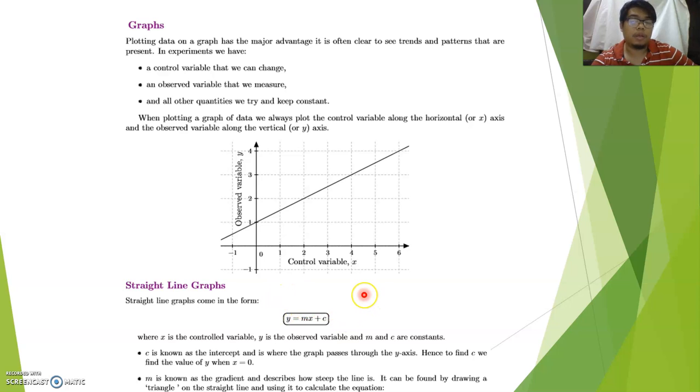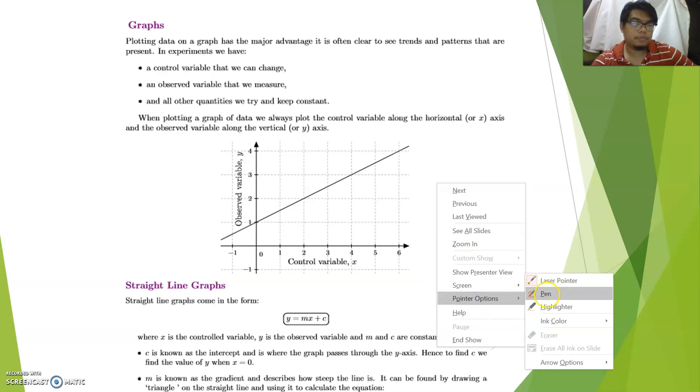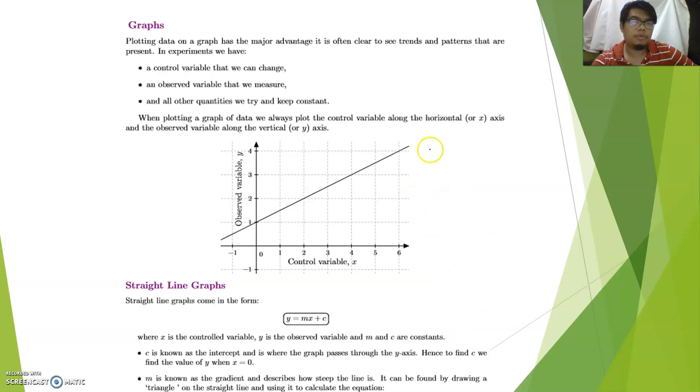However, now I want to show you how we can make the equation from the graph. So as usual, we do have the formula of our m, or the gradient. The formula is y2 minus y1 over x2 minus x1.